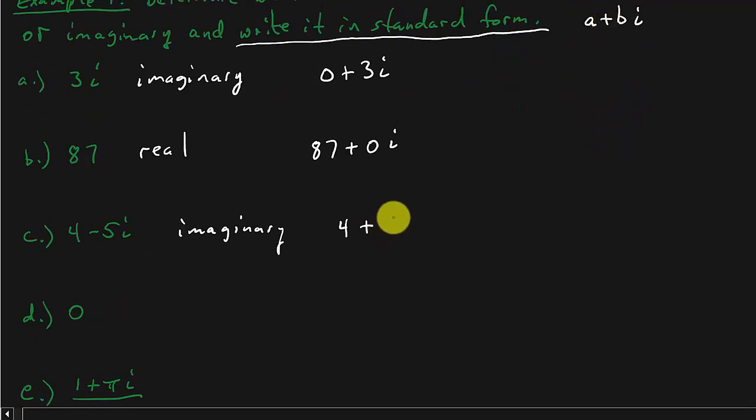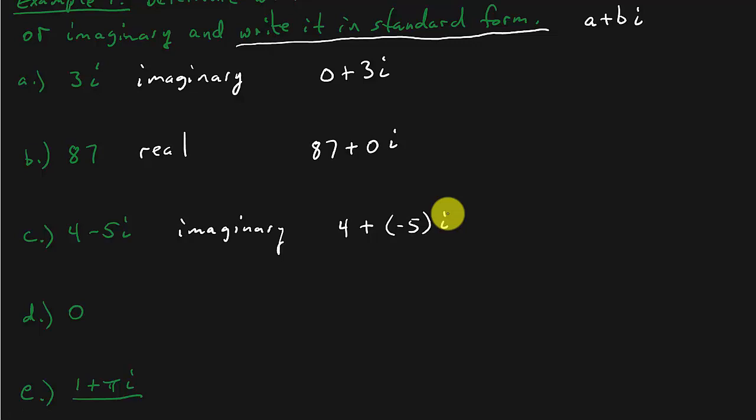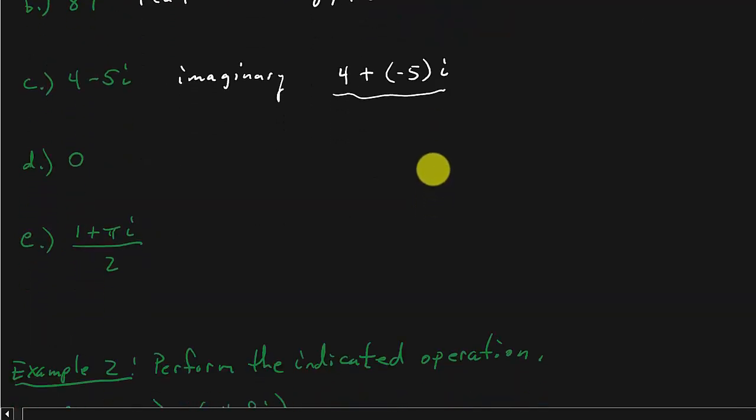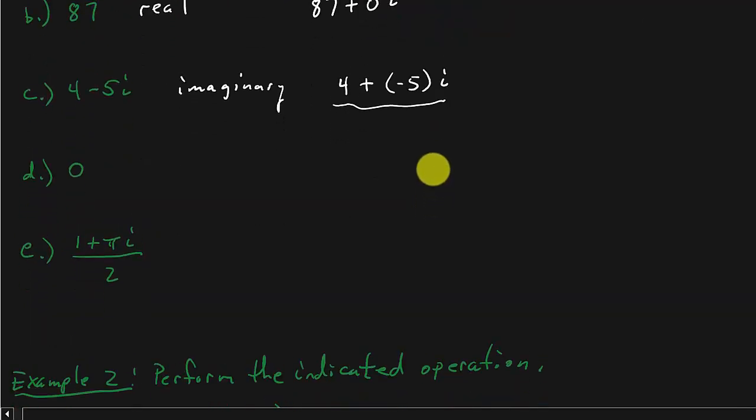So it would be plus negative 5i. So that's your complex number written in standard form. But once again, this is not how you would leave it. For convenience, we would write it like this. And this is how you would write it if you were working any other problem, if it wasn't asking you to write it in standard form.